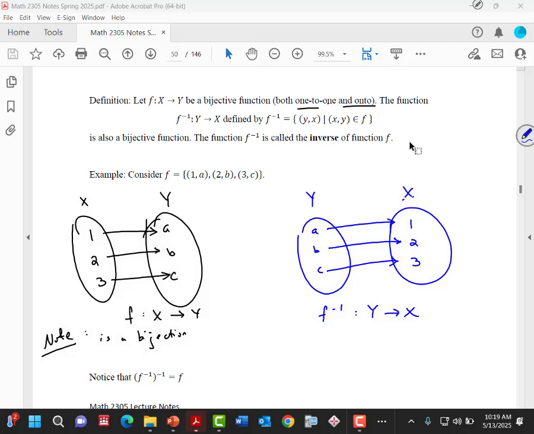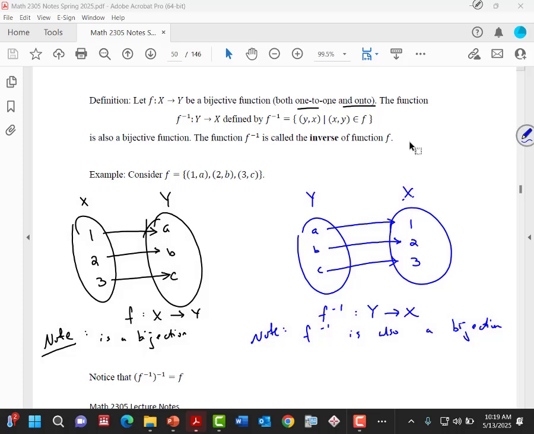It's also important to note that f inverse is also a bijection. This inverse function is also 1-to-1 and onto. The big thing to notice is that I just interchanged x and y. I swapped the domain and the codomain.